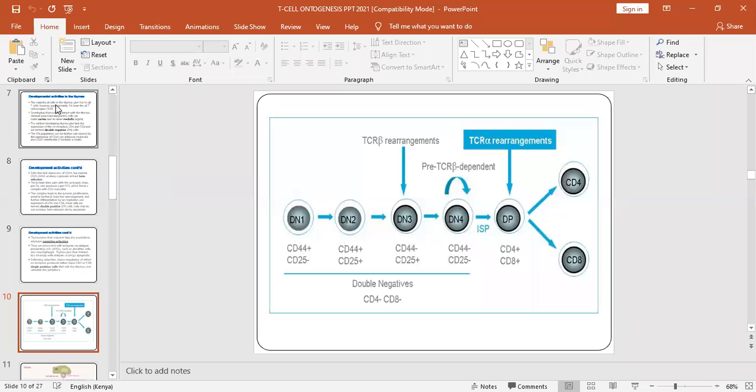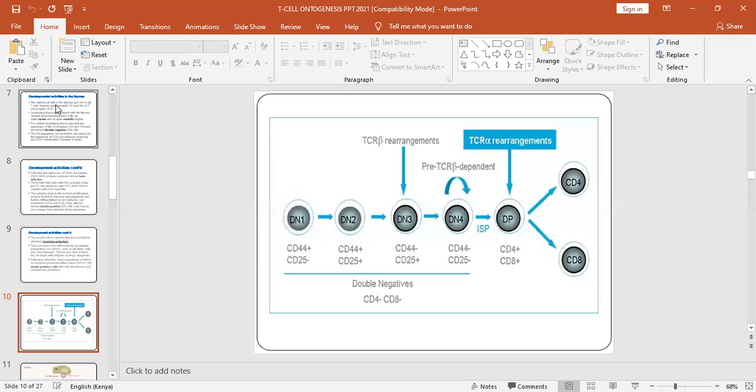Like the double negatives, these are the thymocytes that are coming from the bone marrow via the blood, which are still immature. They are reaching the thymus region. And from there, they must have different antigenic expression.